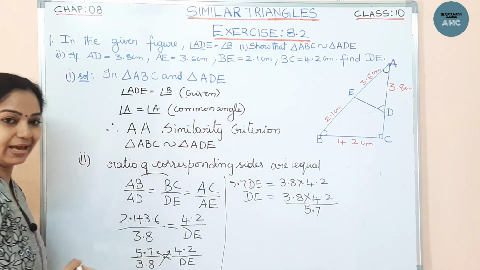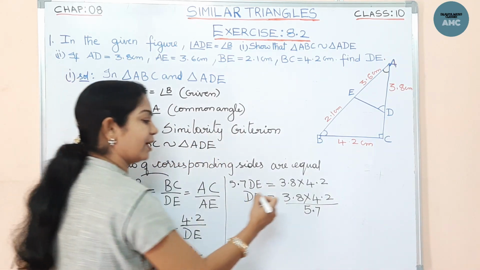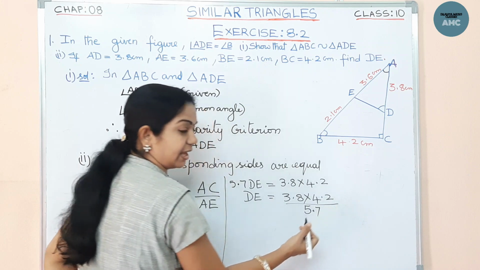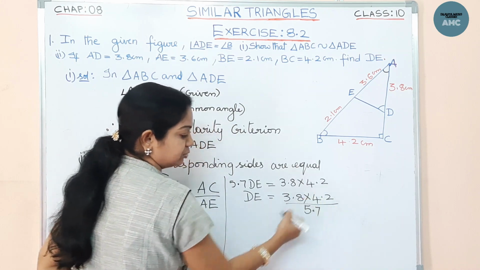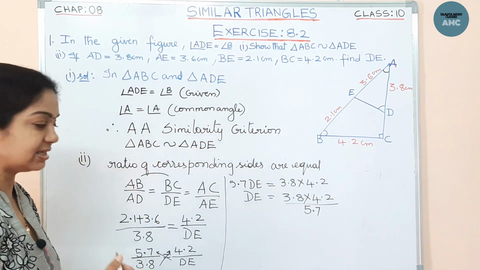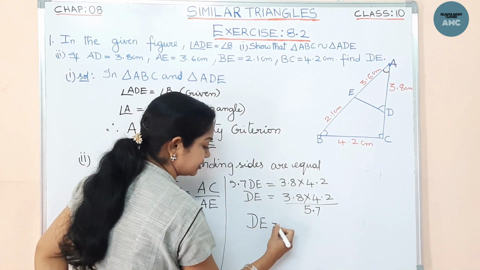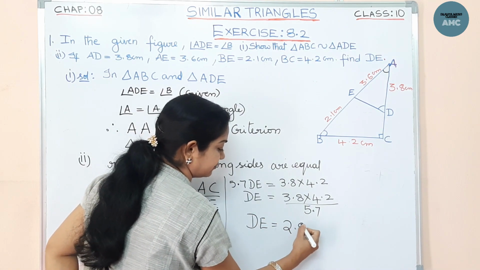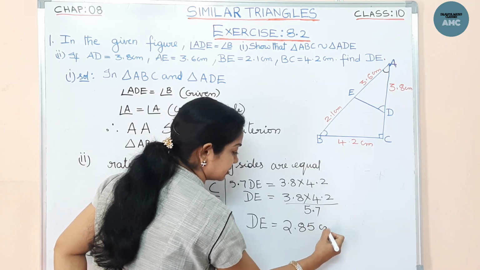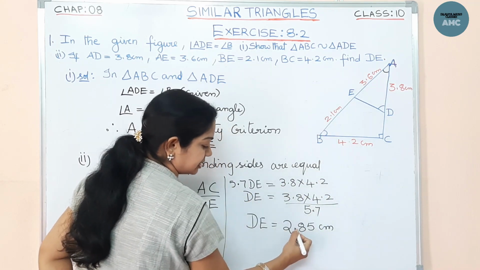We can remove one decimal point here. Then do the calculations and simplify. You will get the DE value as 2.85 centimeters, because all the terms are in centimeters.